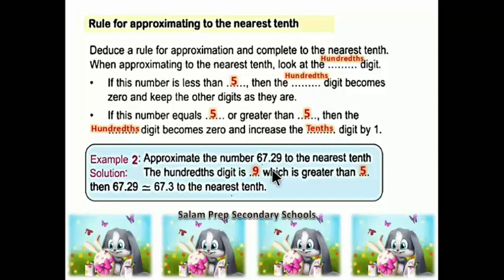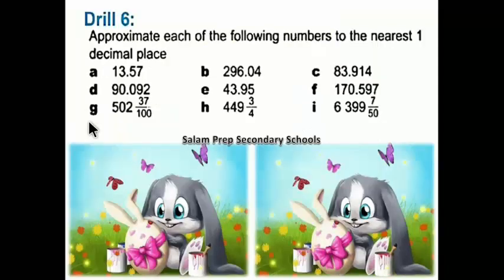So we will add 1. 2 plus 1 equal 3. The hundredths digit is 9, which is greater than 5, so 67.29 is approximated to the nearest tenths 67.3.